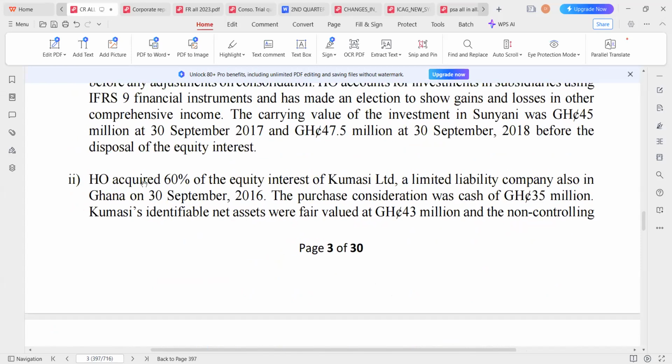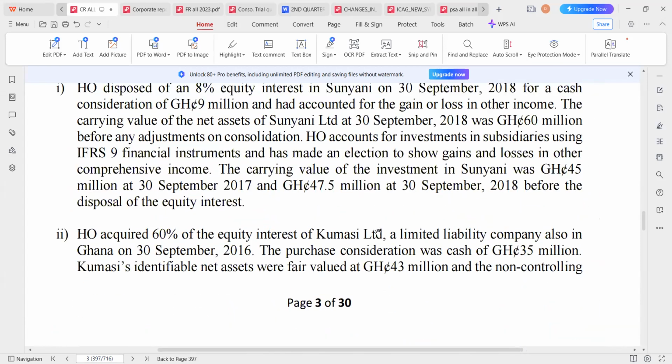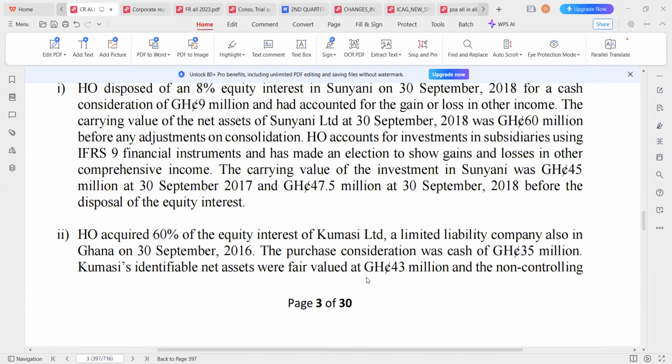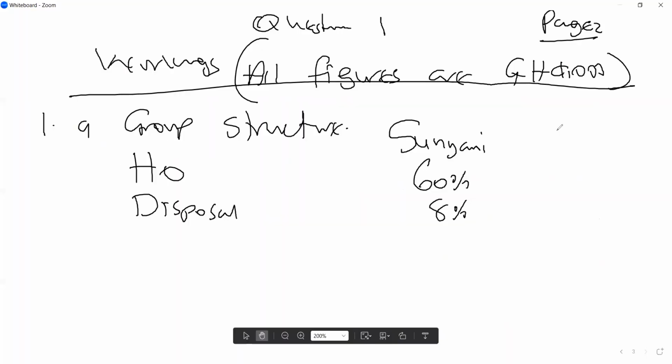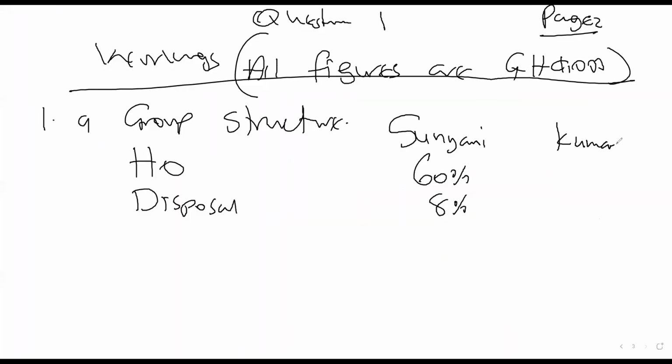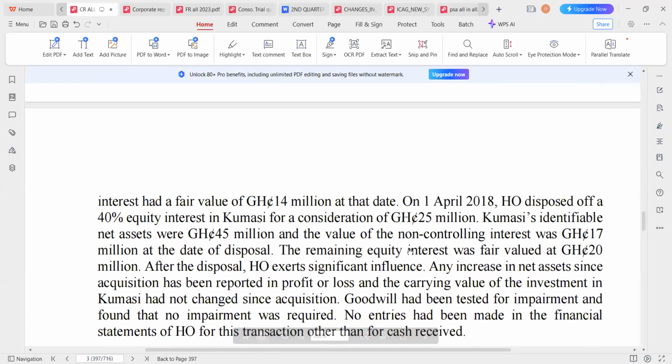acquisition. Who acquires 60% of the equity interest of Kumasi? There's another company called Kumasi who acquired 60%. So let me go and write Kumasi, bring Kumasi here, 60%. Let me check and see if there's no other issues on disposal again.